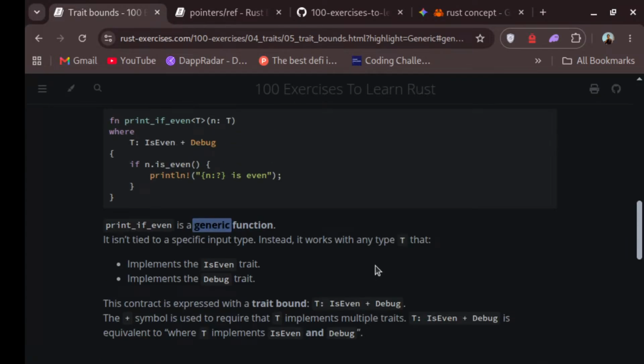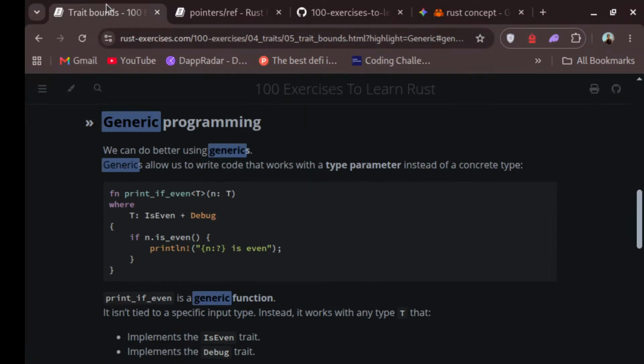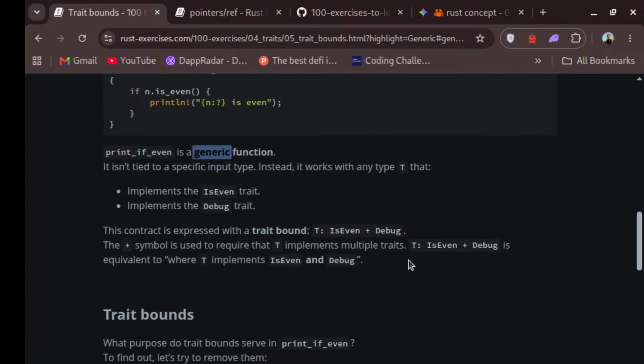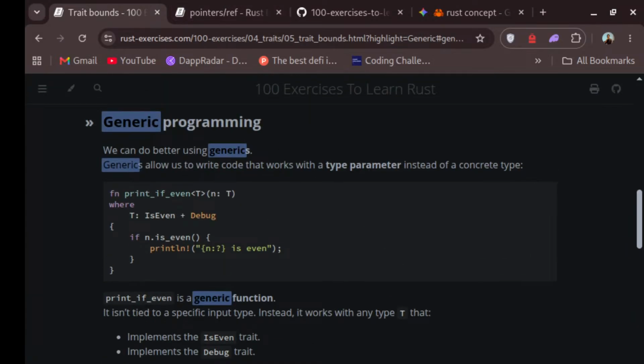Here we pass n, we check whether it is even or not, and if it is even then it will give us is_even.